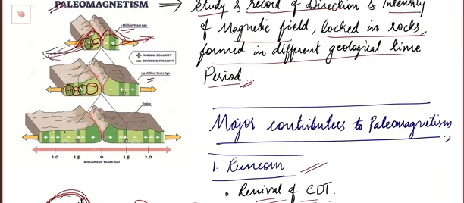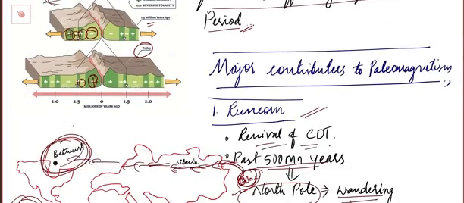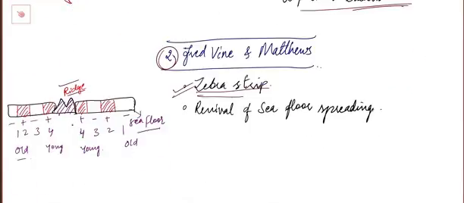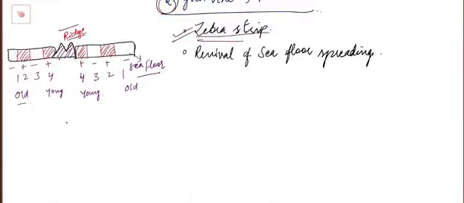This took place, and at present if we see, there are changes in these stripes: normal polarity, reverse polarity and normal polarity. This is what we have to learn from this, and we'll see this in this diagram.